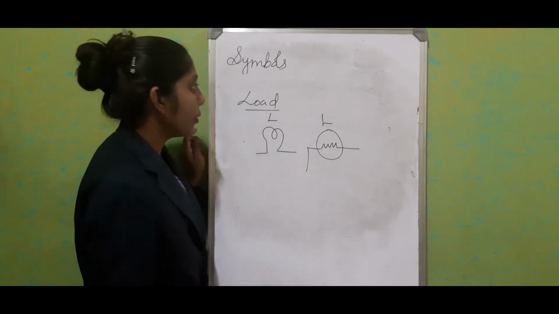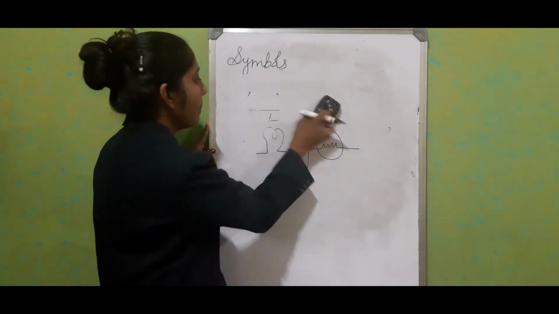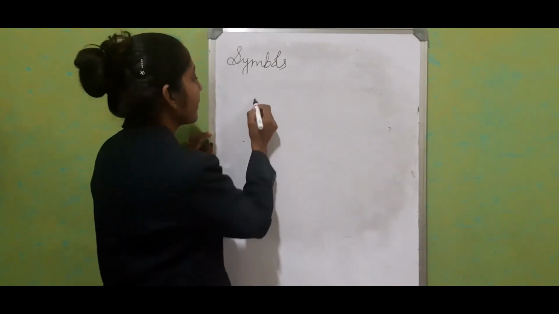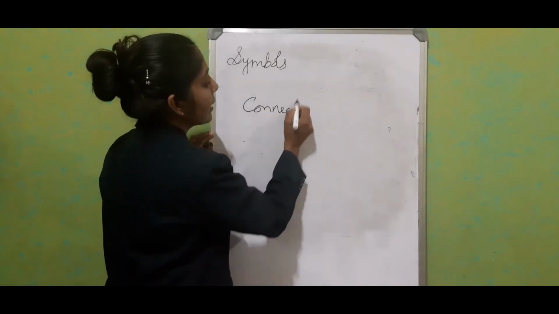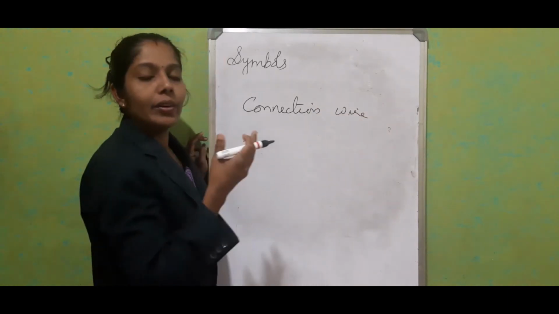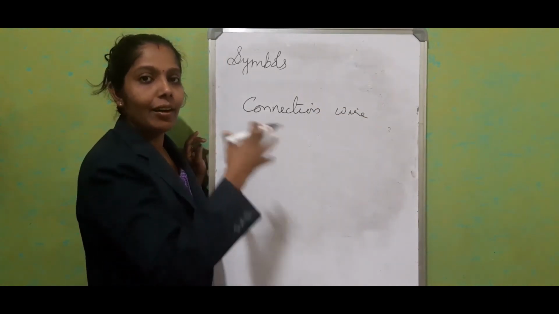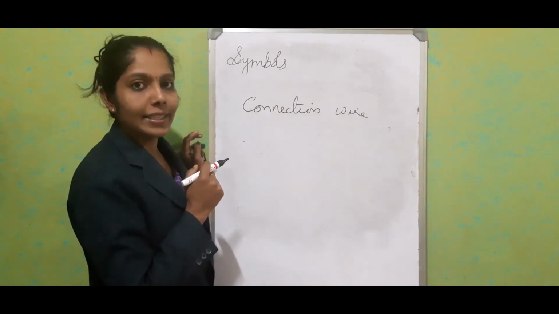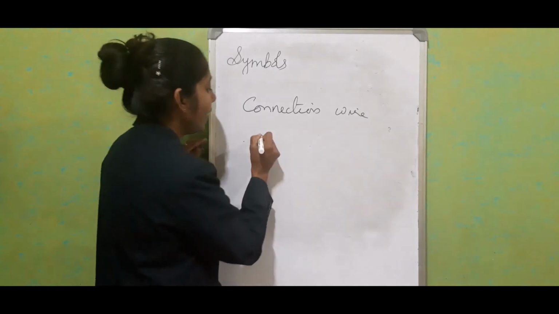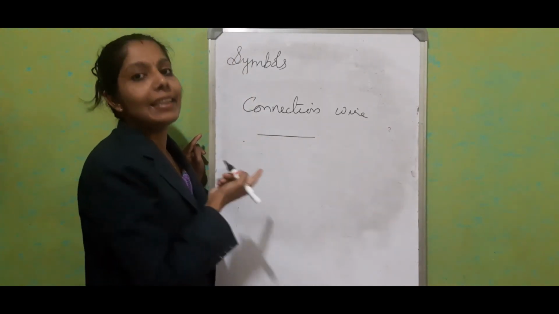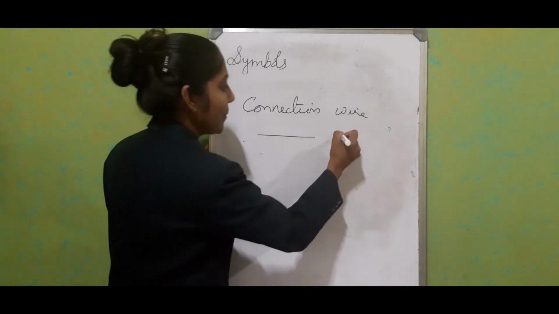We have come to the last section of the symbols. Last one, connection wire. If you want to show the connection of all these components, we have to represent the connection wires, right? Connection wires are always represented with a straight line. It can be like this way, it can be like this way.